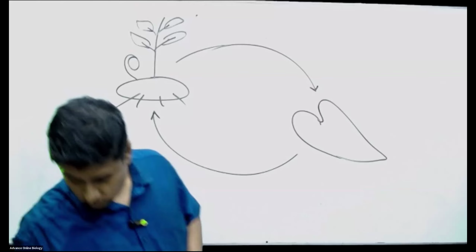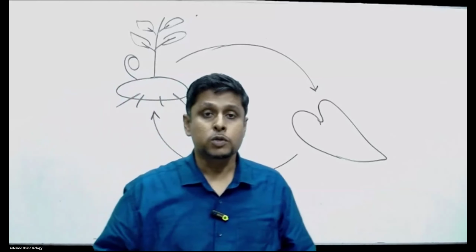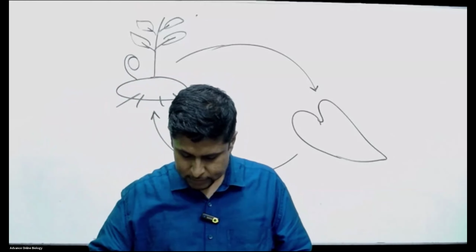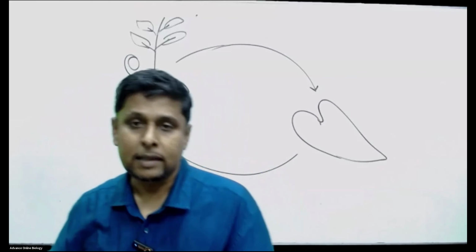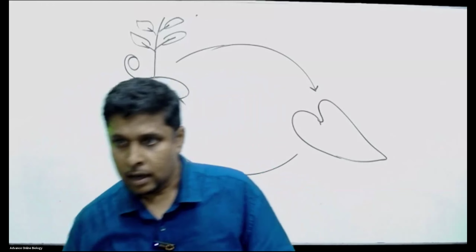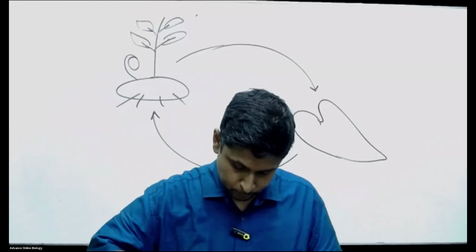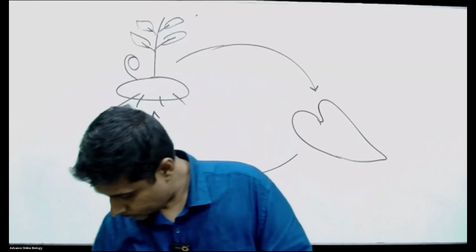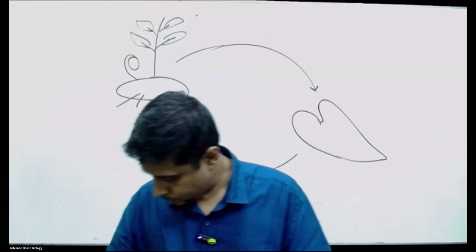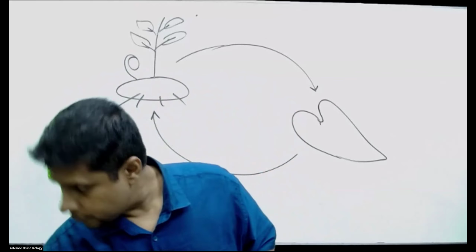So they alternately grow. What happens in the sporophyte? The sporophyte produces sporangia, and inside the sporangium we can see spore mother cells.